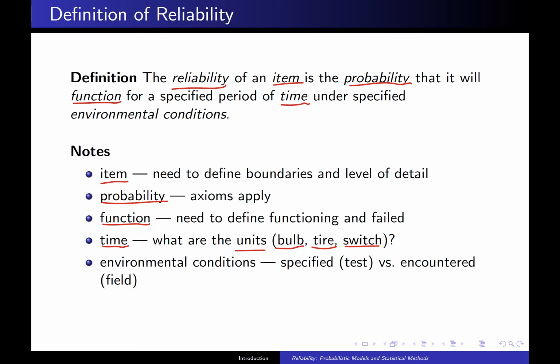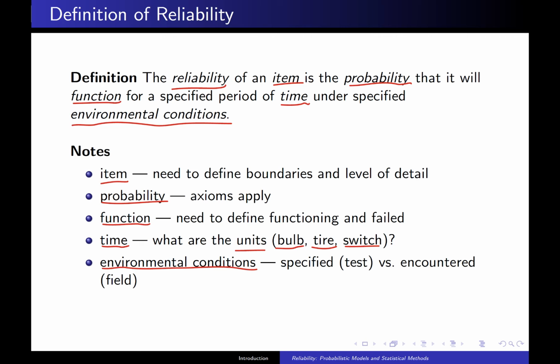Finally, to finish off the definition, the reliability of an item is the probability that it will function for a specified period of time under specified environmental conditions. Oftentimes, those environmental conditions are test conditions which are specified, and they are conducted in a laboratory before this particular item is released to the public.